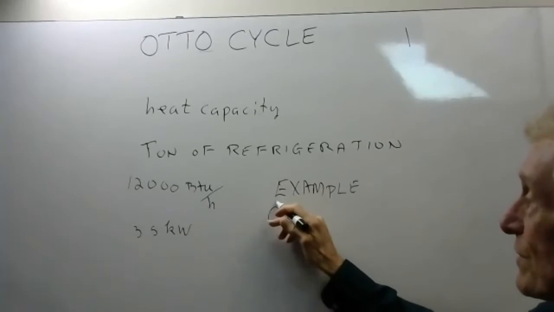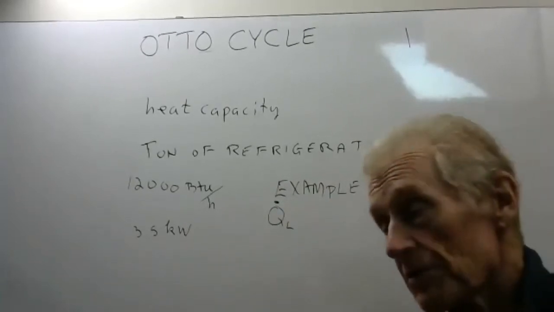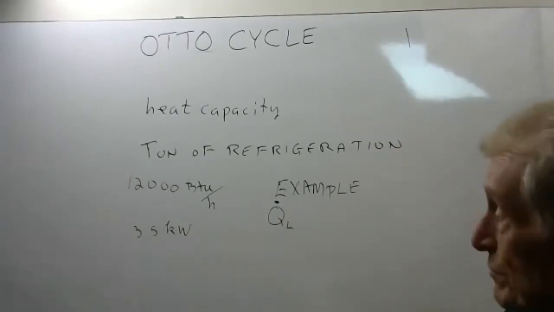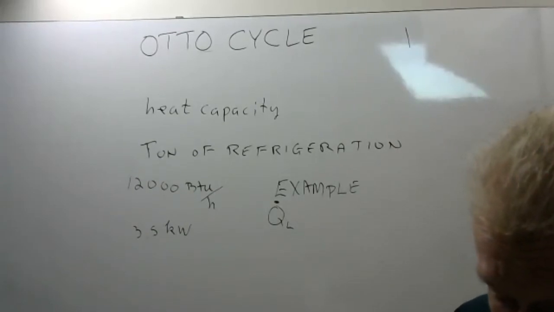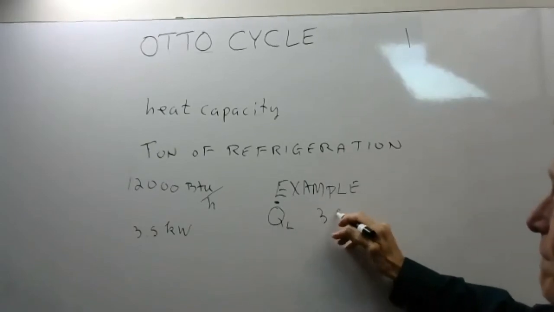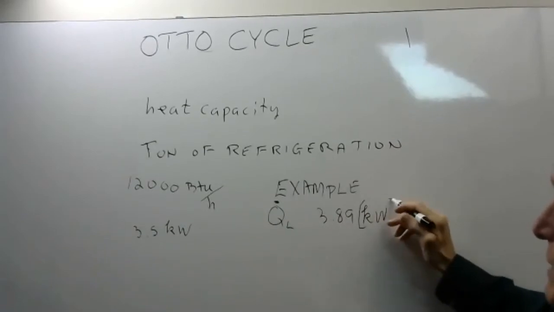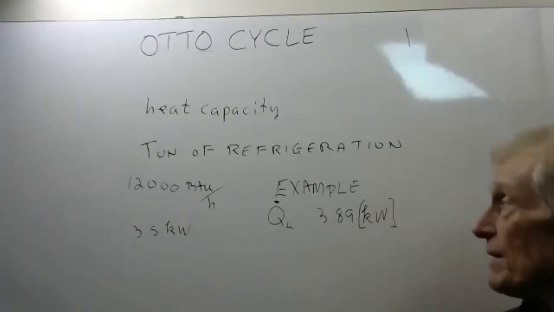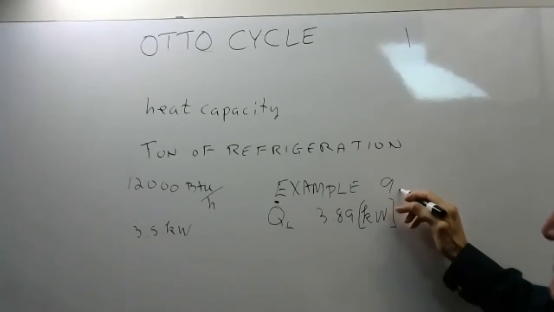That's the heat transfer at the low temperature from your hot dogs to your ice cream to your refrigerant, which was R134A. We got an answer of 3.89 kilowatts. If you were awake during that early morning session, that's what we got on example 9.6.